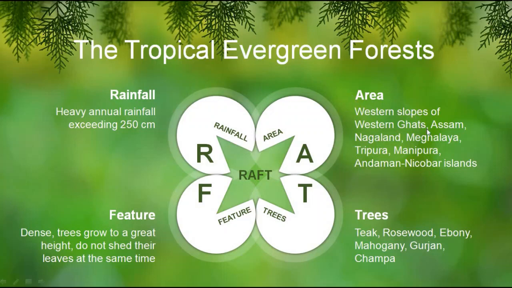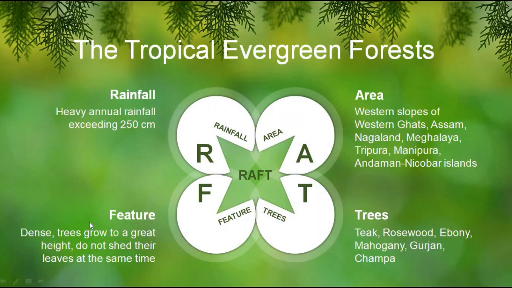Western slopes of Western Ghats, where there is heavy rainfall as monsoon winds hit there. Assam, that area also is like that. Nagaland, Meghalaya, Tripura, Manipur, Andaman Nicobar Islands, all these are very heavy rainfall areas, as we discussed in the climate lesson. In these areas, we can find this evergreen forest.